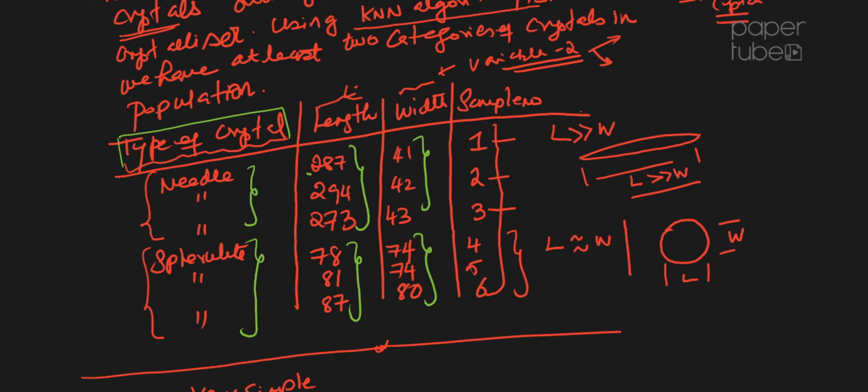So I will select 2 random points here, 273 and 43. So that's the one I'm going to select. That's 1 point. So this is length comma width, that makes 1 data point. And then I'm going to select 87 comma 80. So length and width, that makes the second data point.